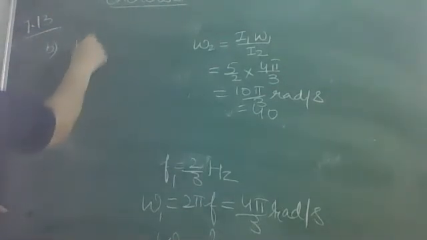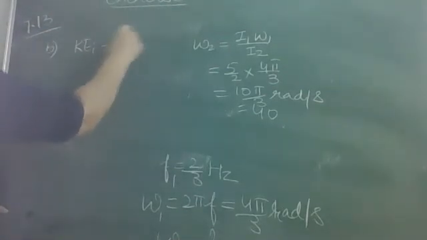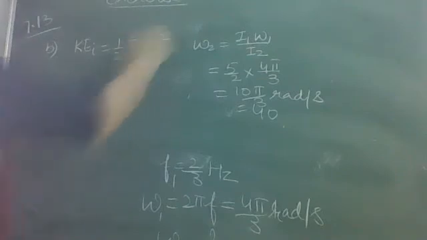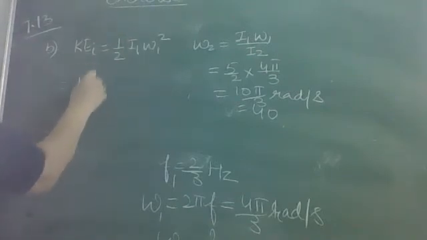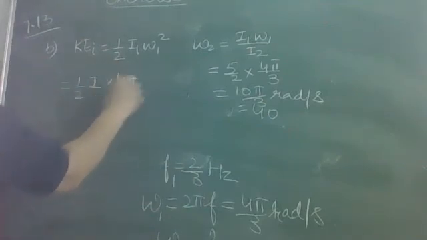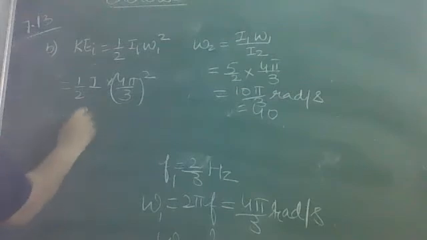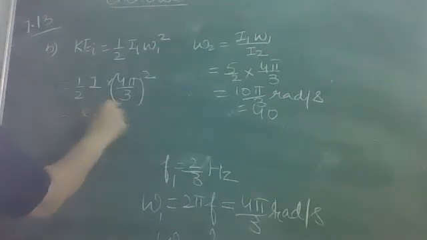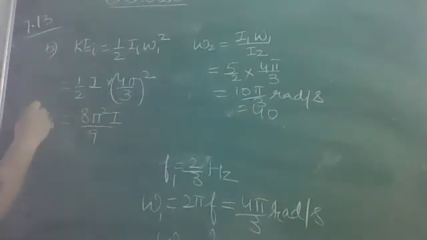Initial kinetic energy is half I1 omega 1 square. Let I remain as I. Omega 1 was 4 pi by 3, squared. So this is 8 pi square I over 9. This is the initial kinetic energy.